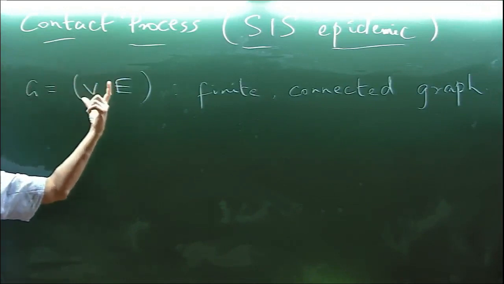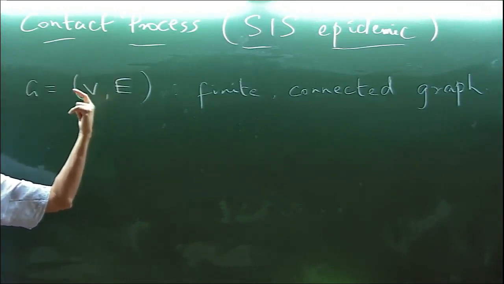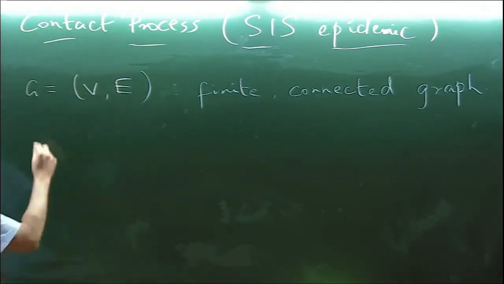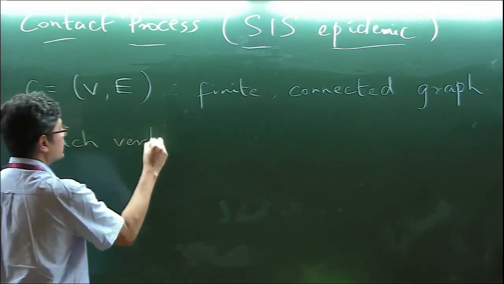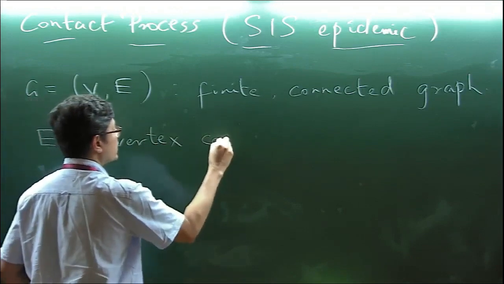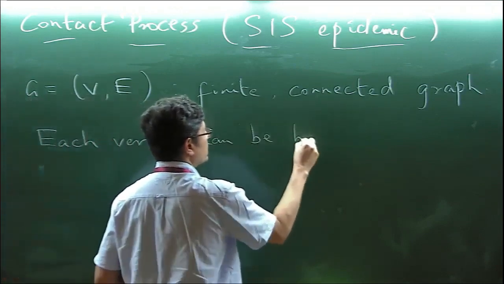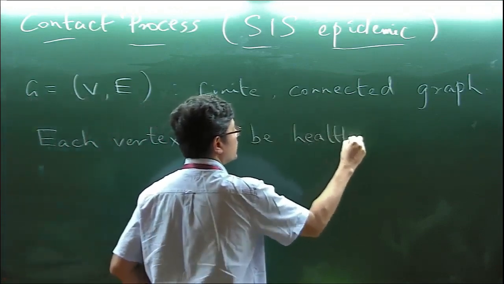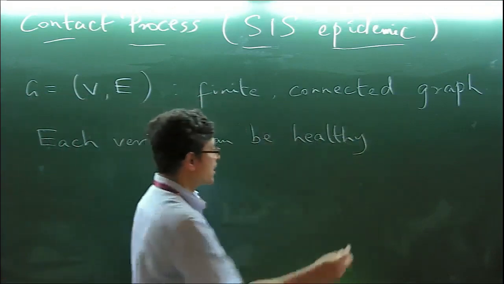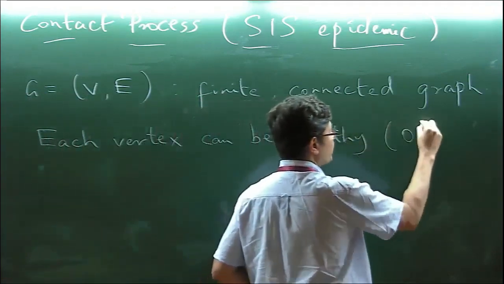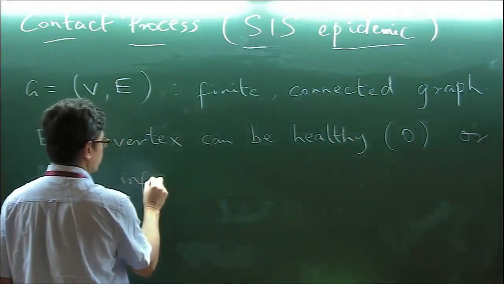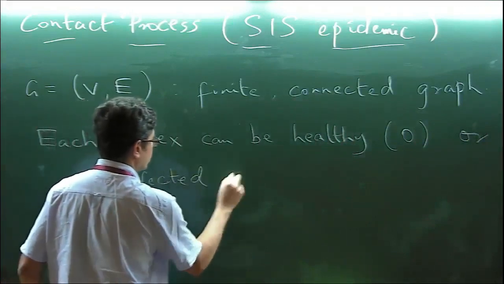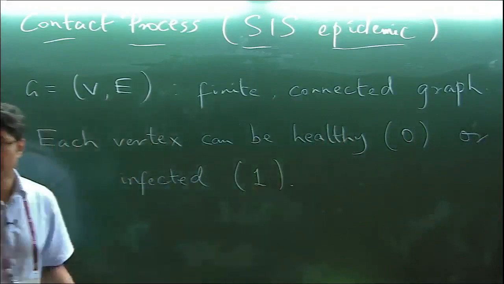Each vertex can be in one of two states. It can be healthy or it can be infected. Okay, so we'll denote healthy by state 0 or infected, which is state 1.